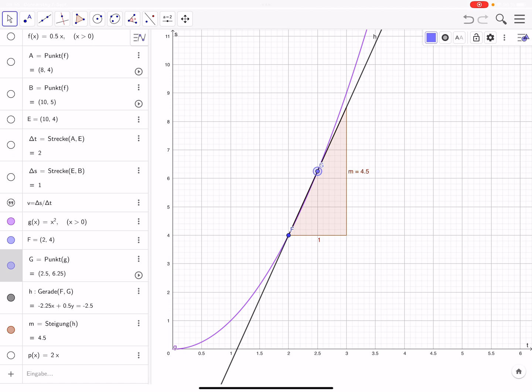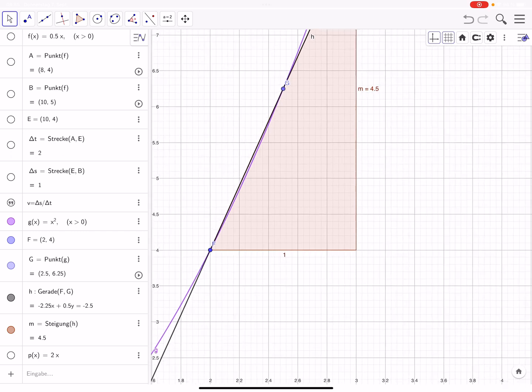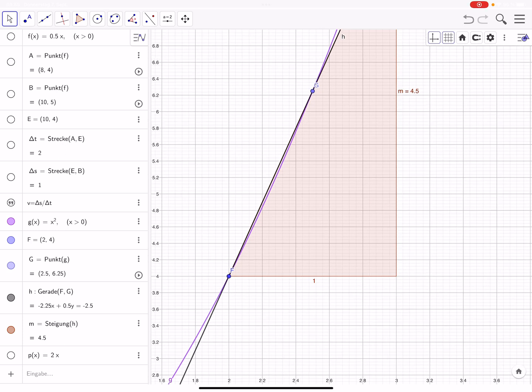And what we see here is that if we are moving with point G towards point F, the distance between the two graphs, the black line that still indicates the average speed, and the purple line that describes our movement, come closer to each other.